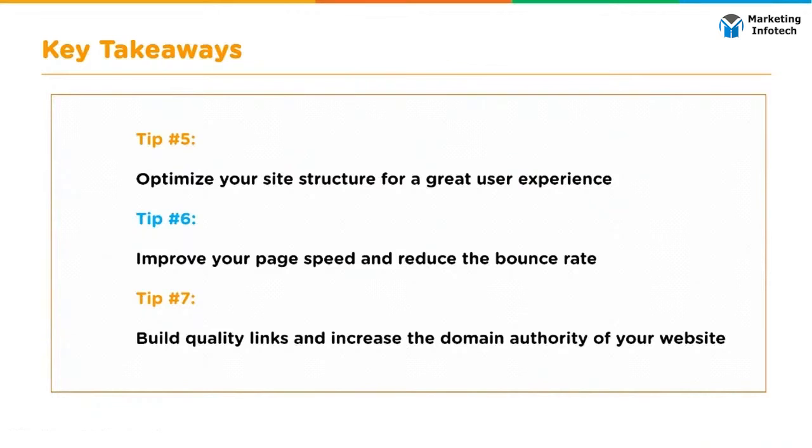And then tip number 7, we want to build quality links, quality to increase the domain authority. So remember, we can use Moz to measure domain authority. It's all about quality, whether that be via influencer marketing, guest blogging, directories, social media, setting up a social media page. There's always something you could be doing to generate a quality link to your website.